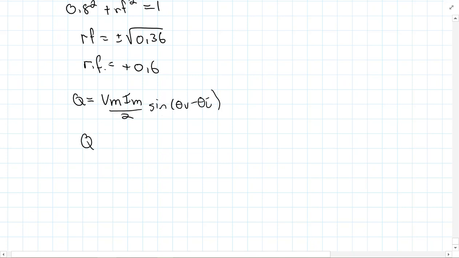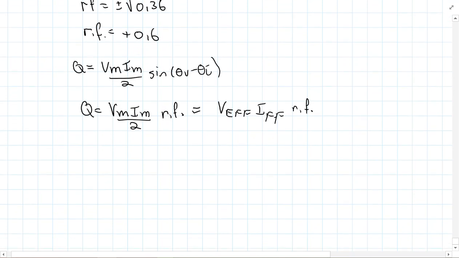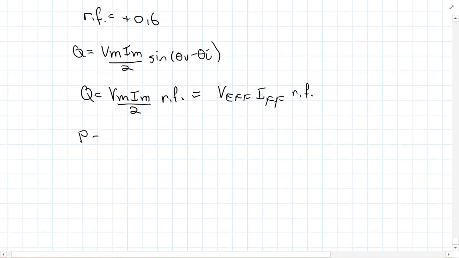So Q is simply Vm Im over 2 times my reactive factor. I should also write the other equation down, because remember, this is also effective voltages or RMS values. We have the same equation for power, roughly, so we get power equals Vm Im over 2 cosine of theta v minus theta i. But remember, this here is just my power factor.